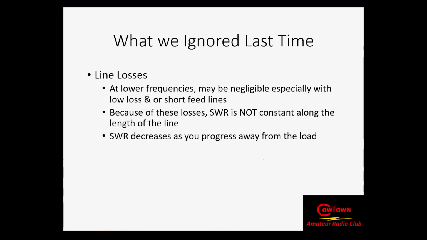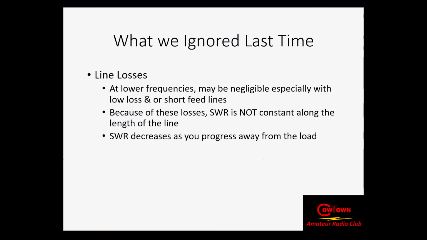All right, now I want to talk about what we ignored the last time, because we went through and figured out what the actual impedance was at a given frequency at the antenna. But what we didn't pay attention to was line losses and what they do to us. At the lower frequencies, they very well may be negligible, especially if you're using low loss or short feed line. Or if you take Dave Martin's case, he's using this window line.